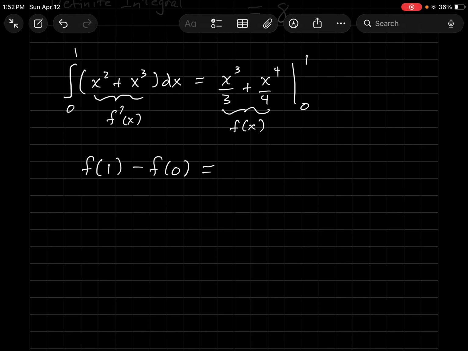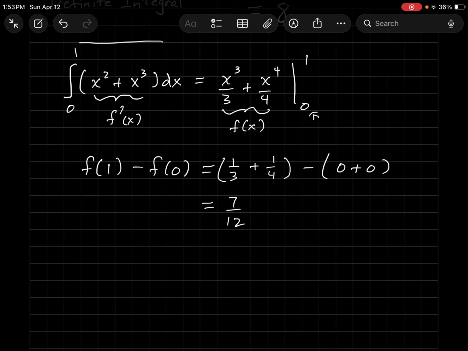I'm plugging f of 1, giving us 1/3 plus 1/4. We'll subtract. Now we'll plug in the starting value into x, giving us 0 plus 0. And putting these things together, we get 4/12 plus 3/12 equals 7/12.